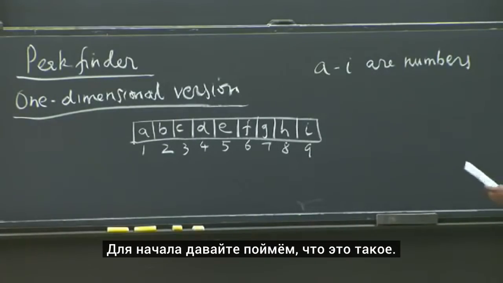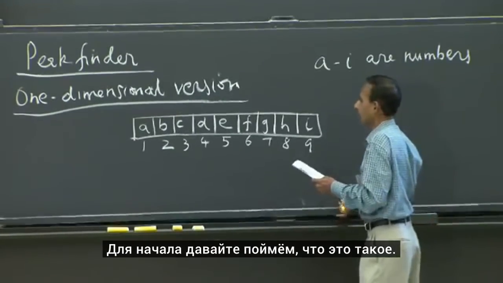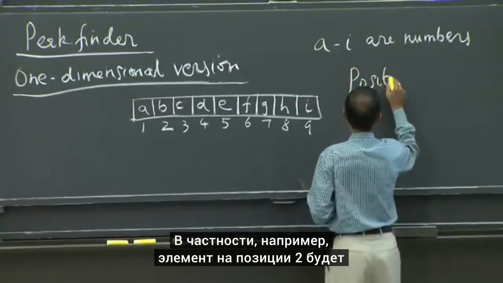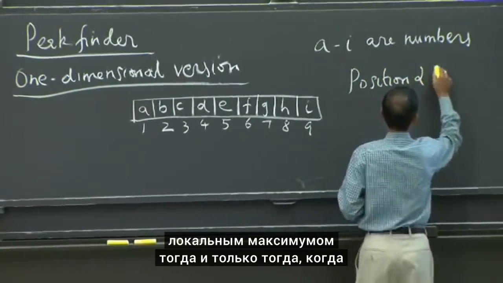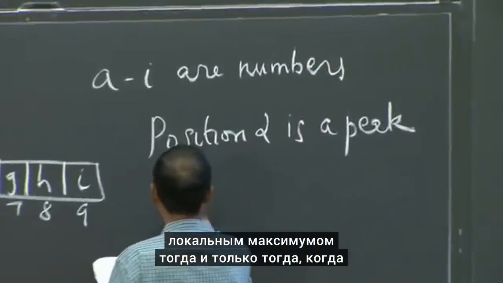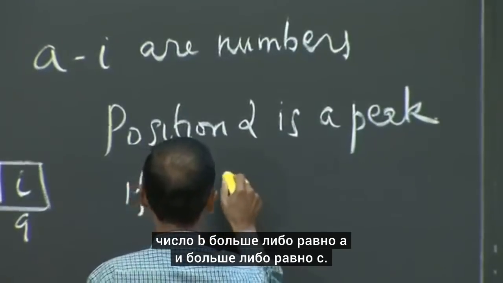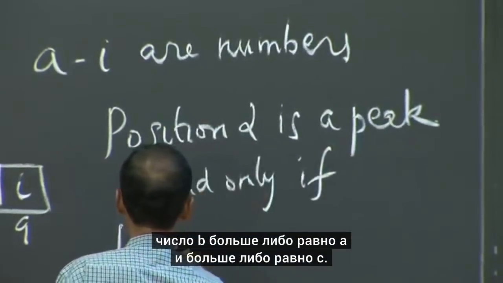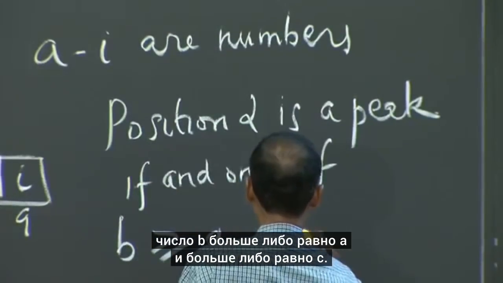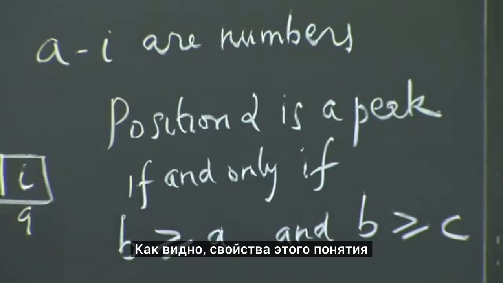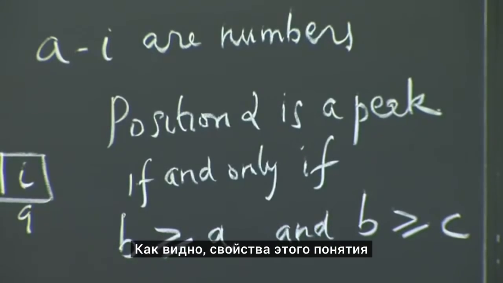And so we have to define what we mean by a peak. In particular, as an example, position 2 is a peak if and only if B is greater than or equal to A and B is greater than or equal to C. So it's really a very local property corresponding to a peak.